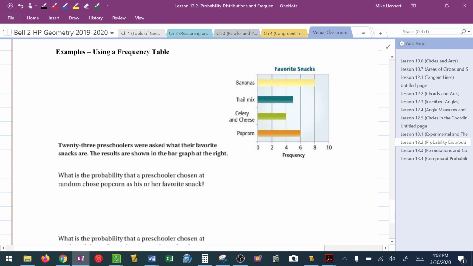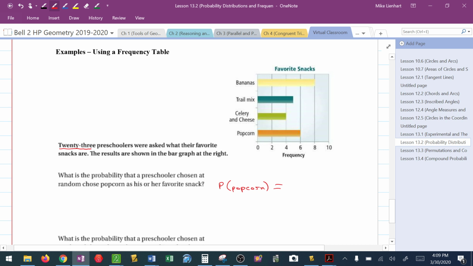So how can I use this frequency table? Well, they tell us in this scenario that 23 preschoolers were asked what their favorite snacks are. This time, instead of giving us a table, they're giving us a bar graph. They want to know what is the probability of a preschooler randomly chosen having popcorn as their favorite snack.